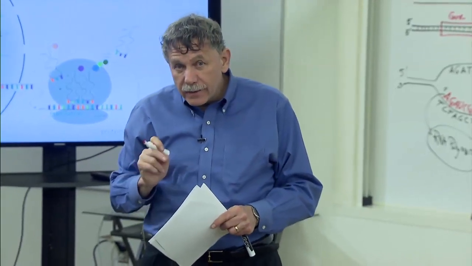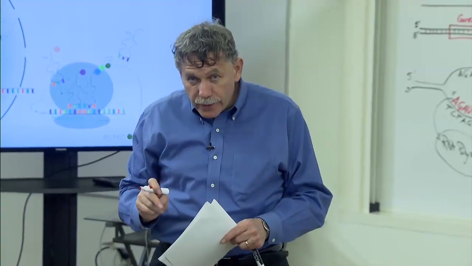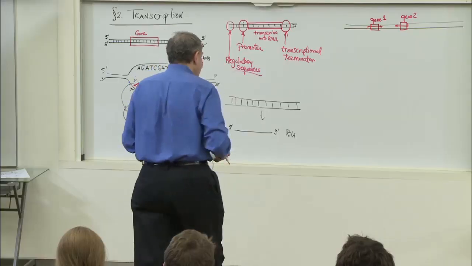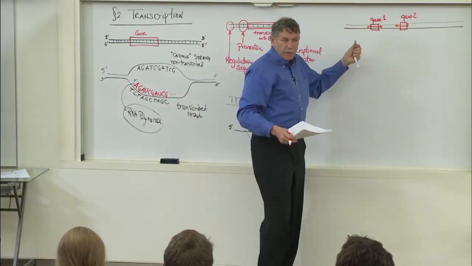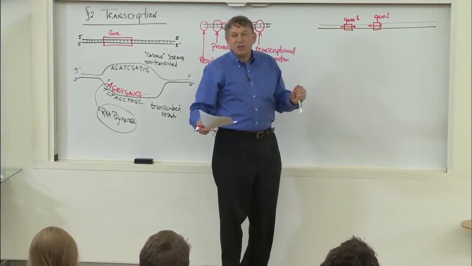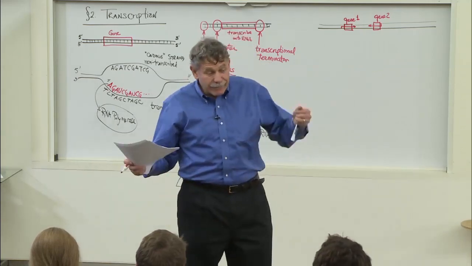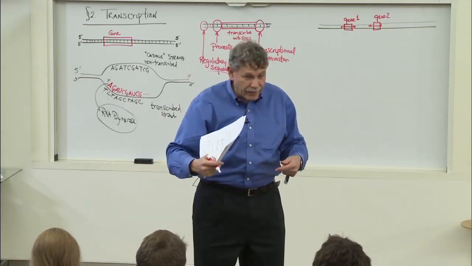This would be frowned upon by good engineers. Good engineers would say, come on, establish a direction. We're going from left to right. Biology does not work that way. It will transcribe things on this strand here, that strand there.